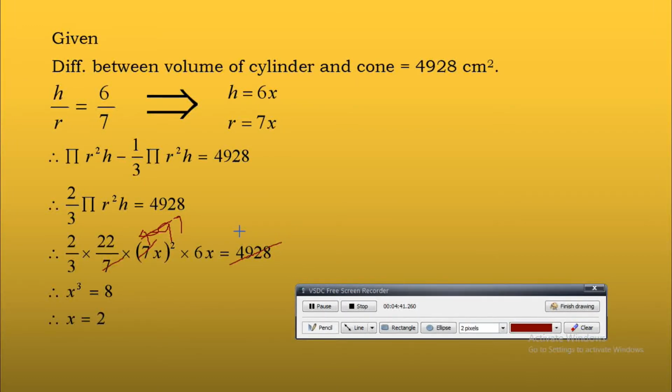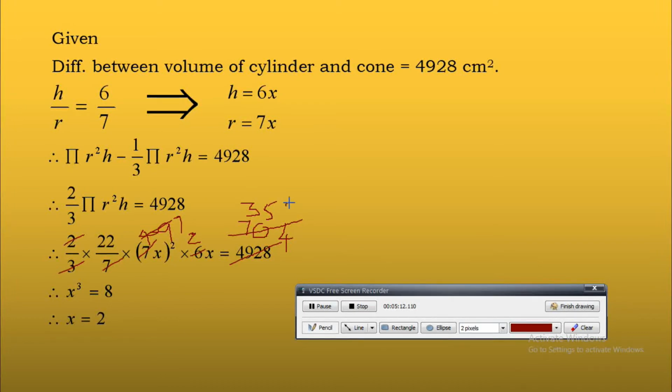This becomes 704, and this 3 will get cancelled with this, leaving 2 here. Then again you can cancel this 2 with this, leaving 352.